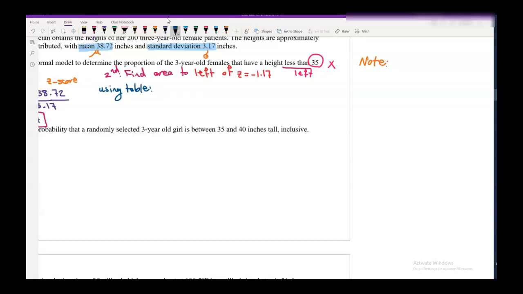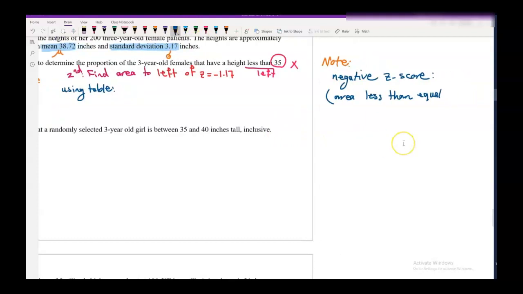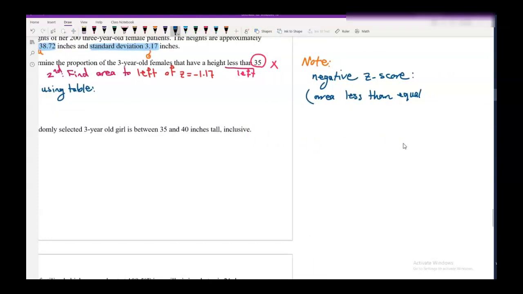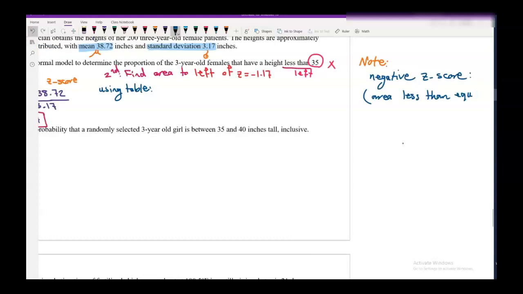I used equal to because in the table we have equal to 50%, but when it's equal to, z is equal to 0, so it's better to write less than, not use equal to. So less than 50%.